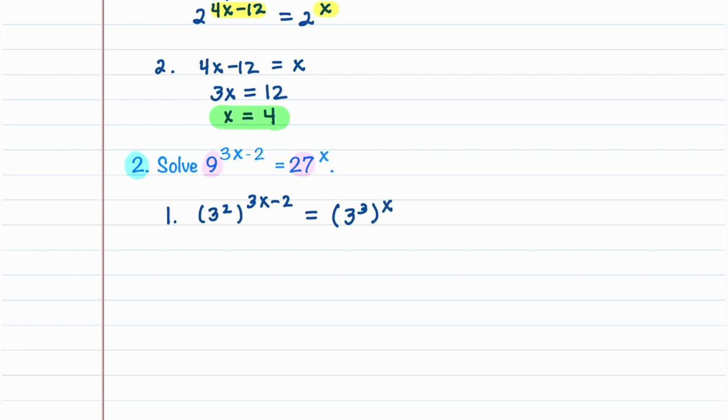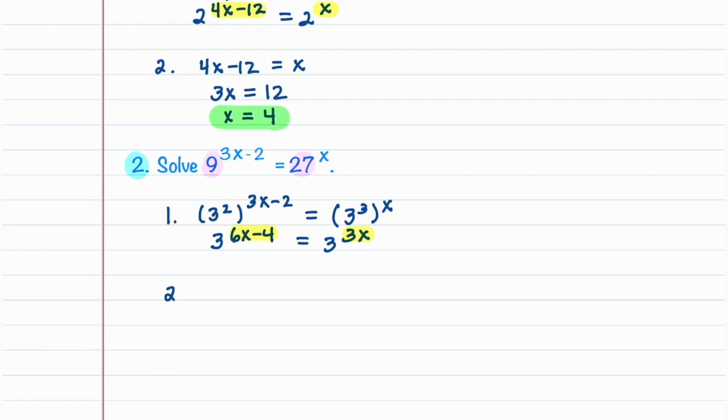Now we're going to simplify and multiply our exponents. On the left, we have 3 to the 6x minus 4, just multiplying both of those terms by 2. And then on the right, we have 3 to the 3x. You can now see that each side is in terms of the same base, so we can equate the exponents.